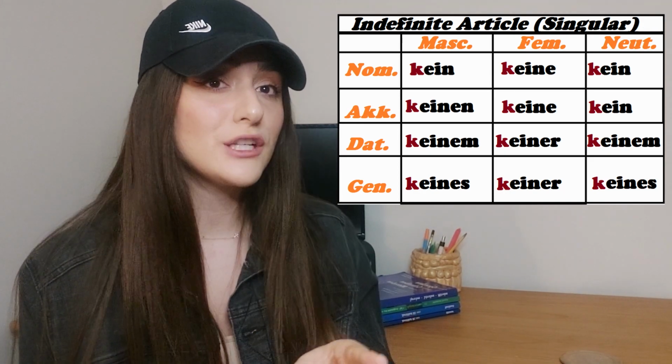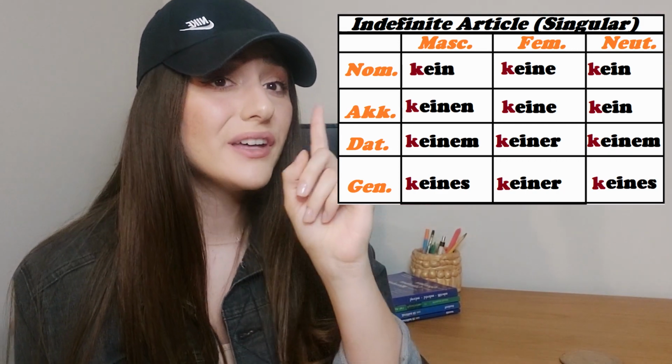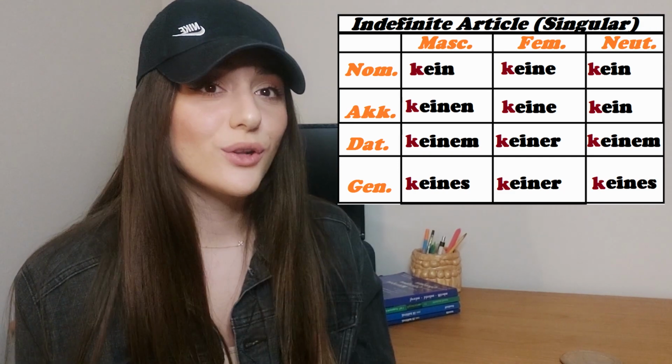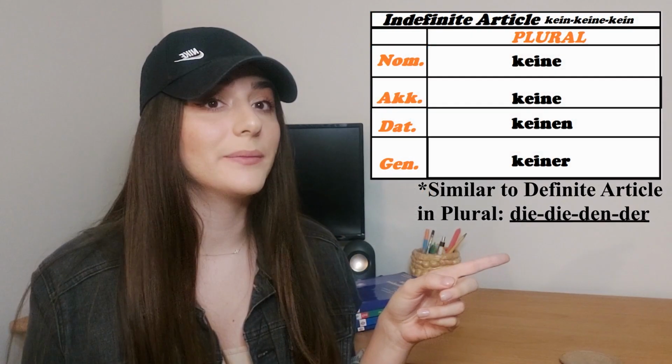The only difference between those two articles is that the negative indefinite article has plural. This is how their declination is. Keine, keine, keinen, and keiner.